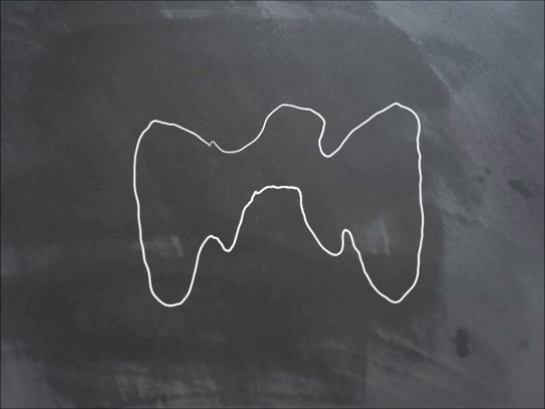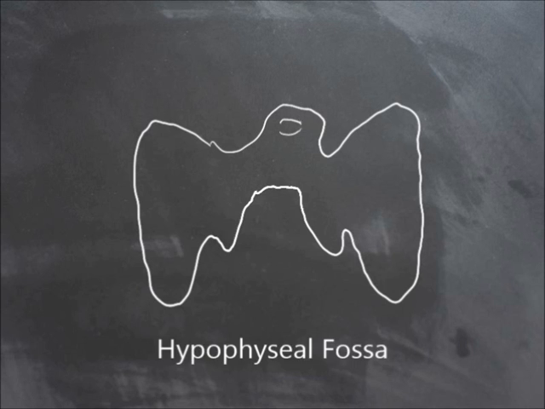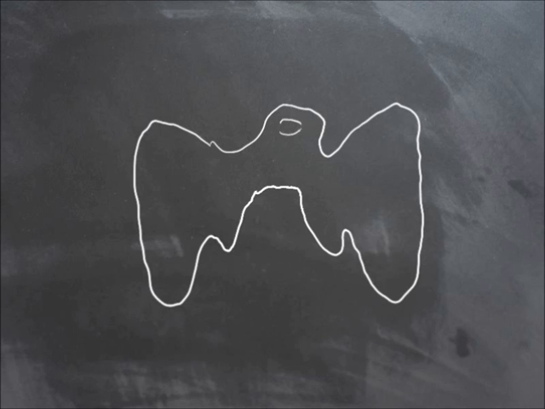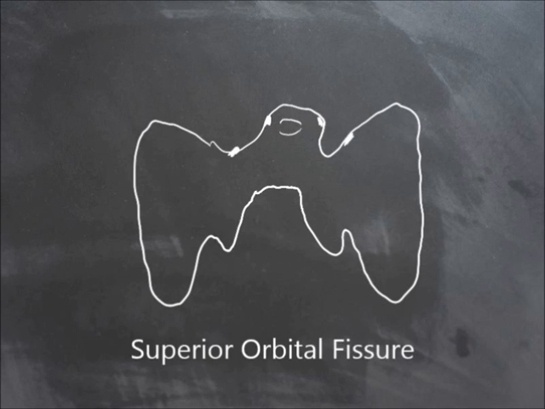So let's start off in the middle here. So depression, just here, called the hypophyseal fossa. And that is for the pituitary. Coming around you have your superior orbital fissure.